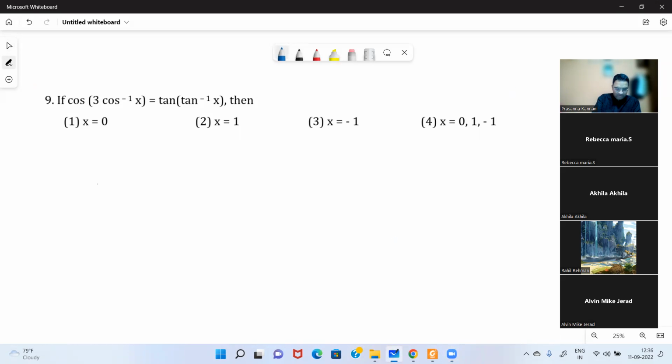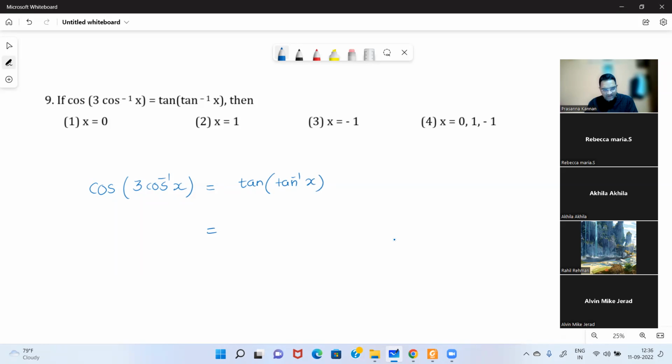Let's write it down here. Cos of 3 cos inverse x is equal to tan of tan inverse of x. Tan and tan inverse are inverse functions of each other.